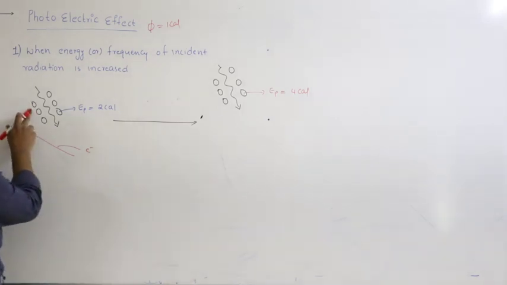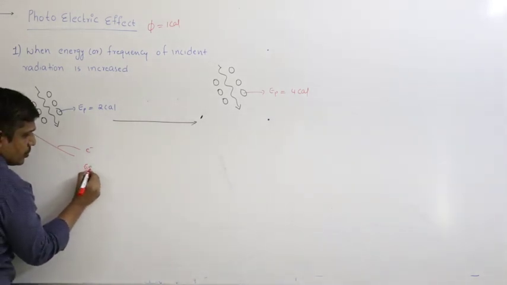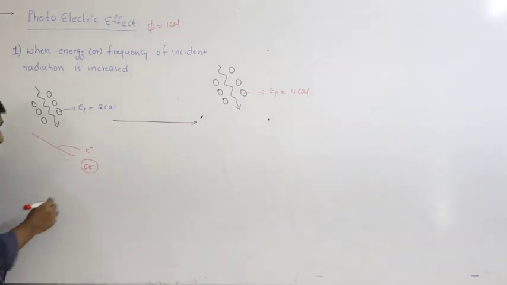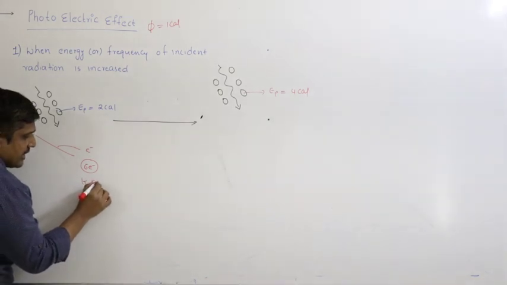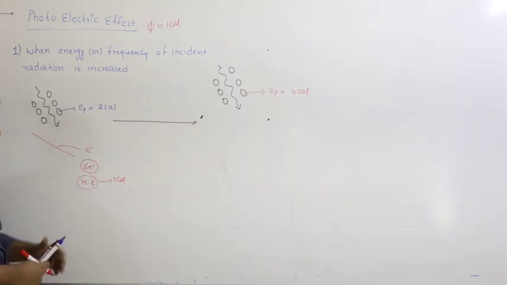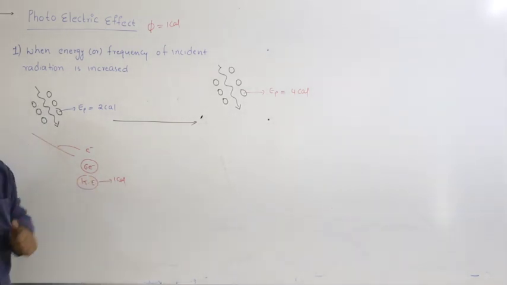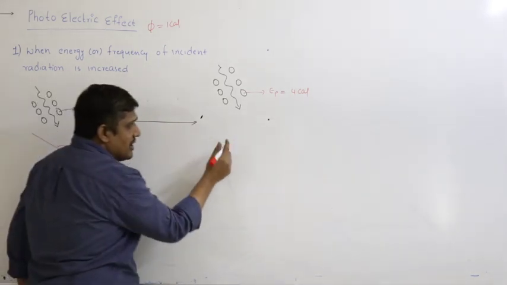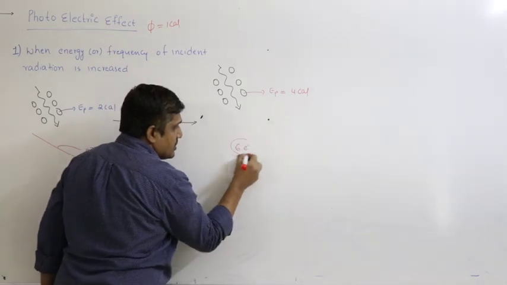How many photons are emitted here? 6. Say there are 6 photoelectrons, each having a kinetic energy of 1 calorie. Here also you will get 6 photoelectrons.